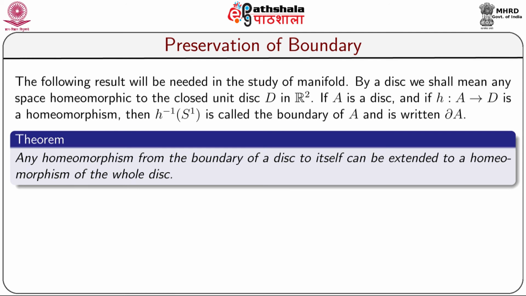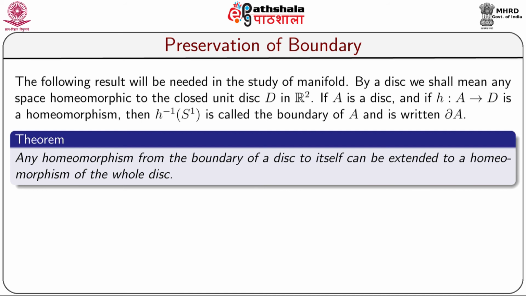That means we will consider a closed rectangle or closed square or a closed triangle, all as disks. Now, if A is a disk and if H from A to D is a homeomorphism, then H inverse of S1, where S1 is the boundary of D, called the unit circle, is called the boundary of A and will be denoted by partial of A.